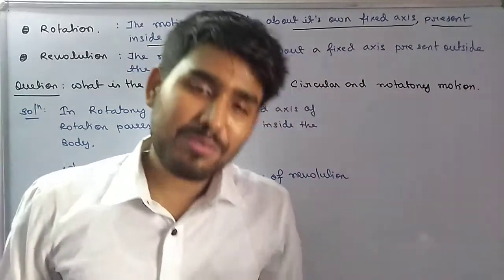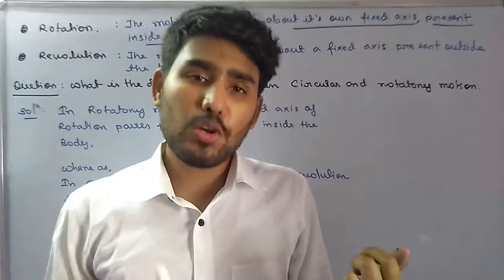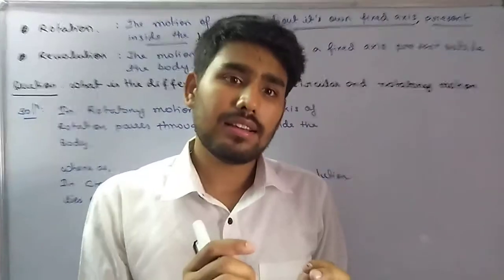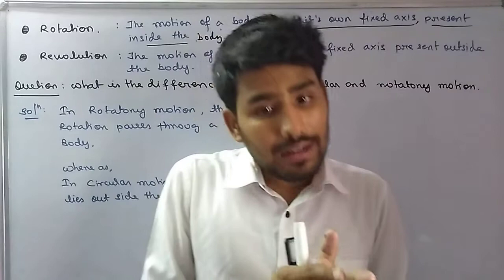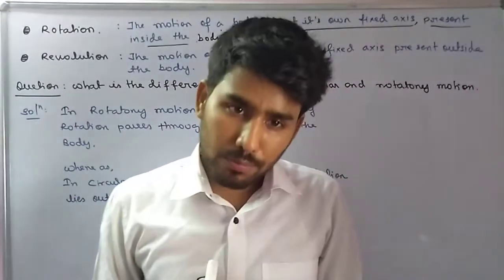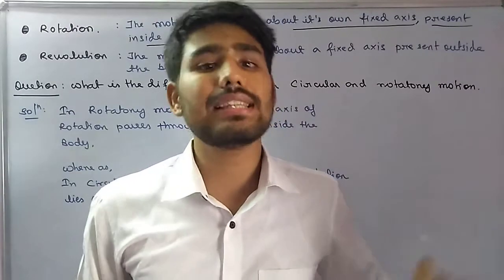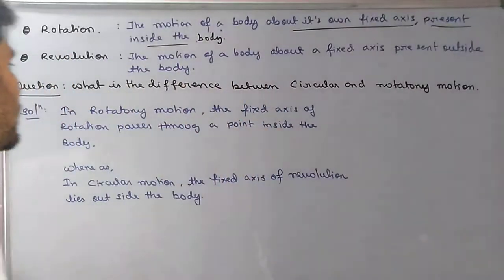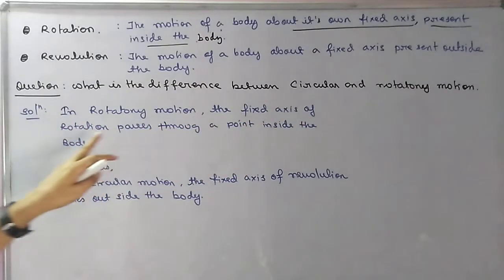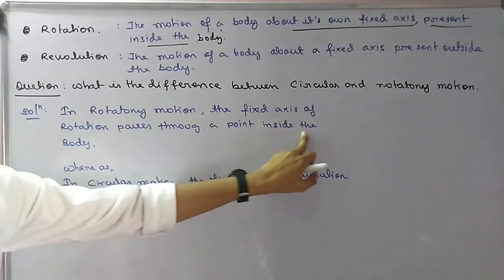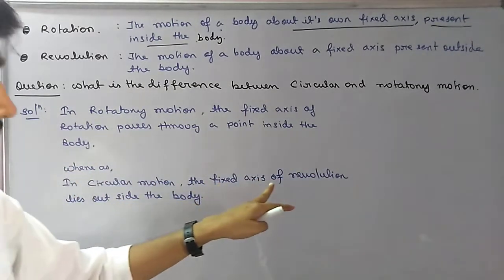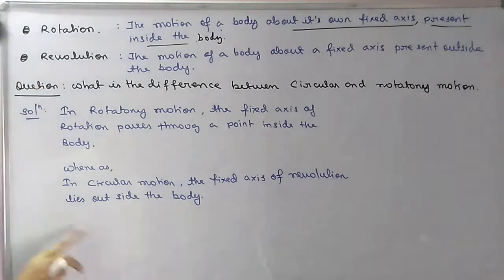Whereas in rotatory motion, the points closer to the fixed axis cover less distance compared to the points at a far distance from the fixed point. I mean, each point does not cover equal distance in equal intervals of time. Now let's see the difference over here. The difference is that in rotatory motion, the fixed axis passes through a point inside the body, whereas in circular motion, the fixed axis of revolution lies outside the body.